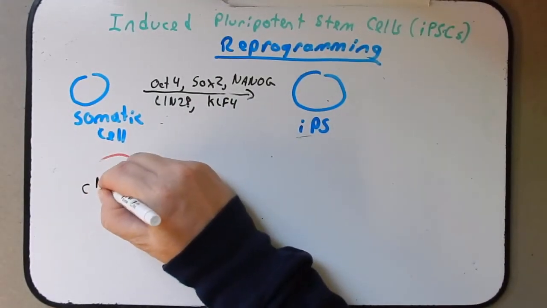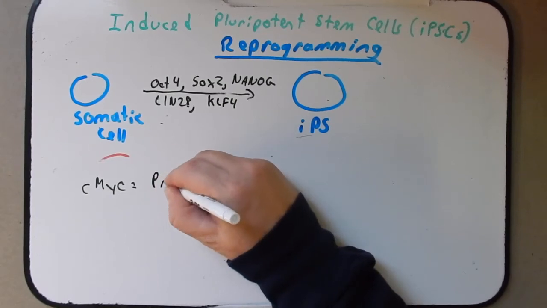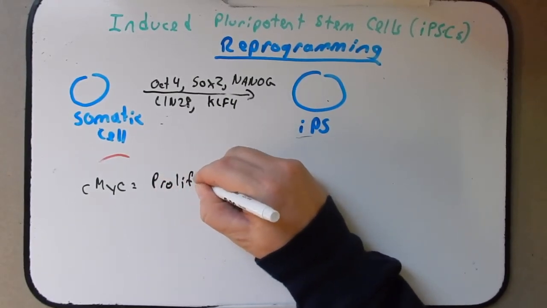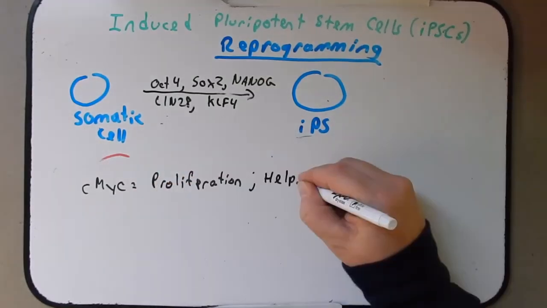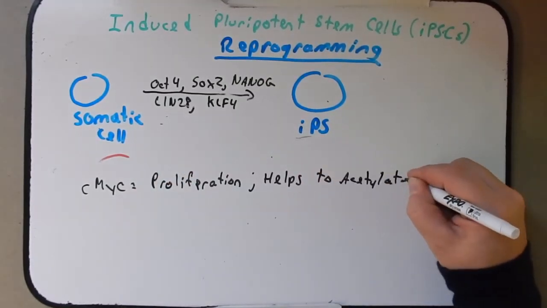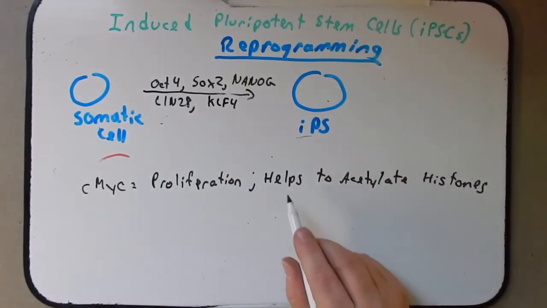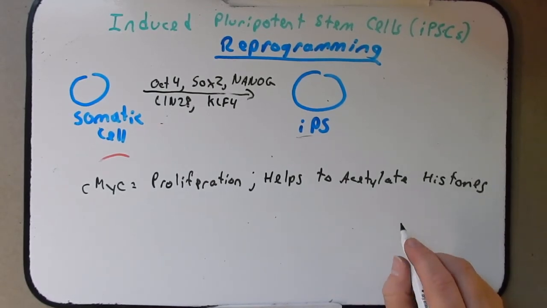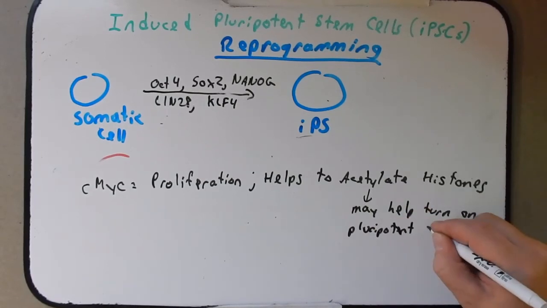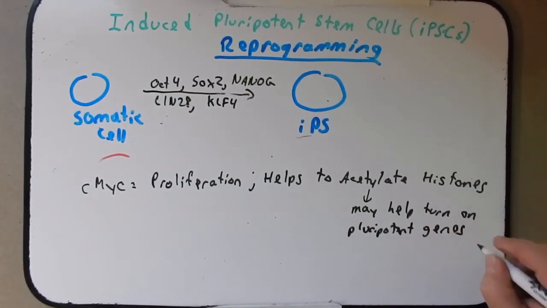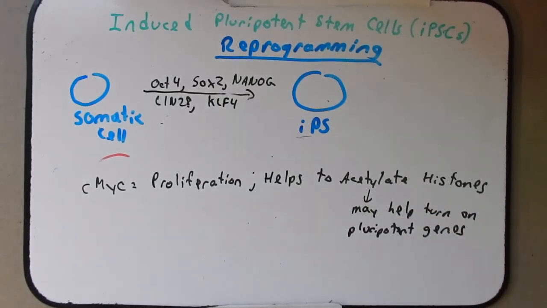So c-Myc is important in cell proliferation, cell division. We also know that c-Myc helps to acetylate histones. This acetylating of the histones may help turn on pluripotent genes, those genes necessary to maintain the pluripotent state.